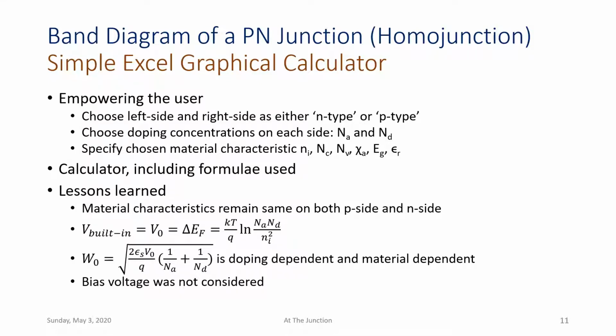At the same time, we want to empower the user to choose the material characteristics such as the intrinsic carrier concentration, the density of states at the conduction band and the valence bands, the electron affinities from the vacuum level, the band gap of the semiconductor, and the relative permittivity of the semiconductor of the user's choice.